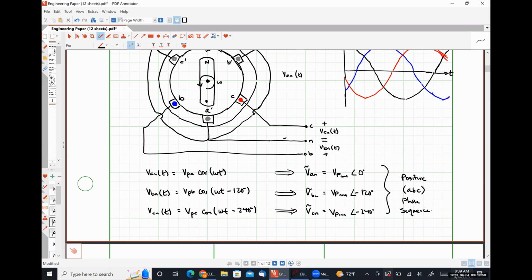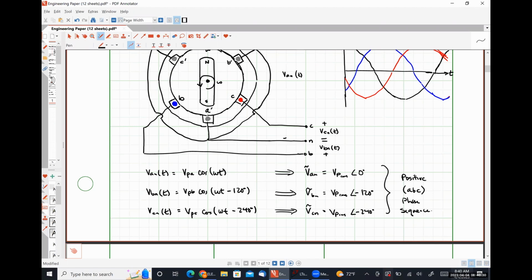All right, so any questions about three-phase voltage generation? We have a generator. We provide mechanical energy to spin this magnet in the middle, and the spinning of that magnet induces voltages in the stator. Those voltages are going to be 120 degrees out of phase with each other because the windings are 120 degrees out of phase with each other.